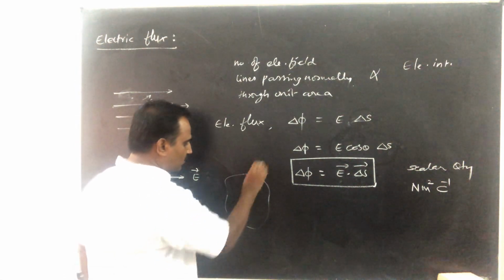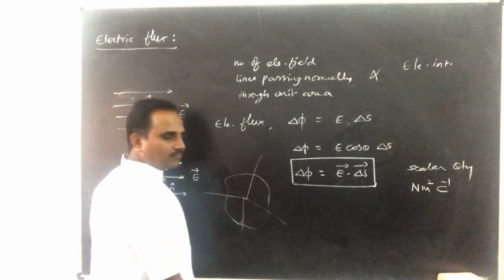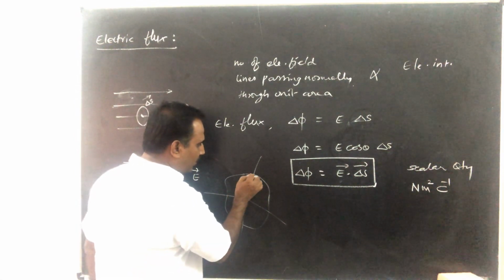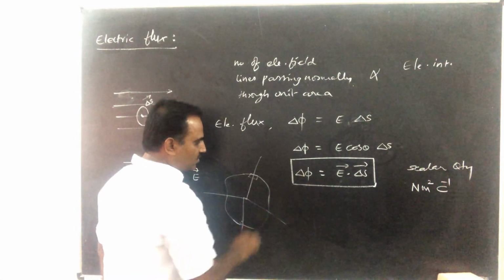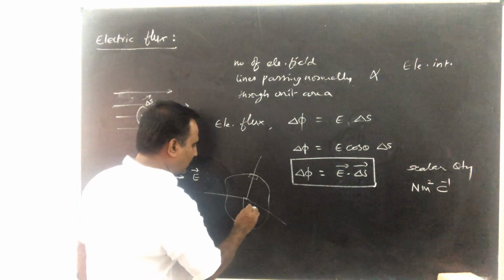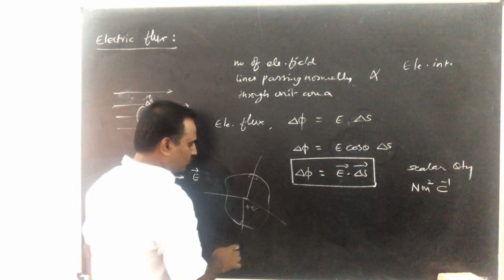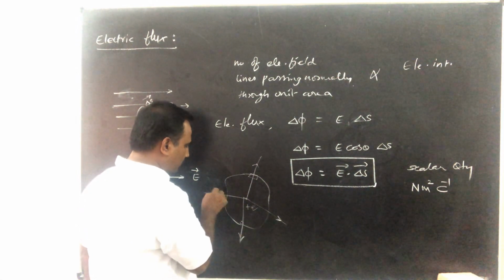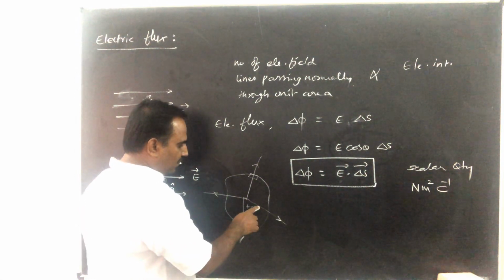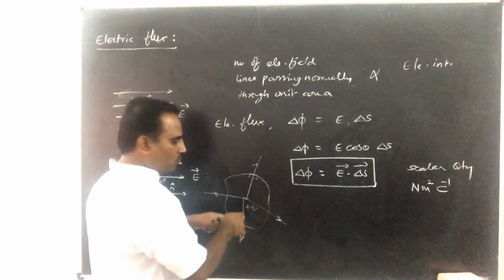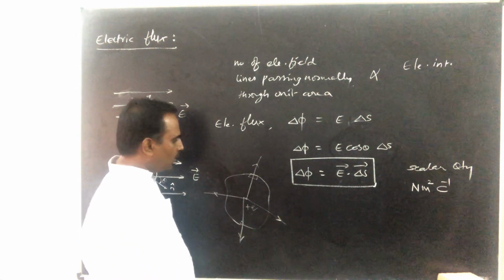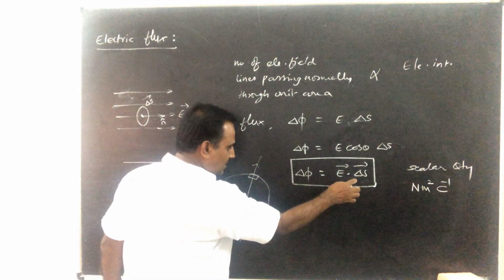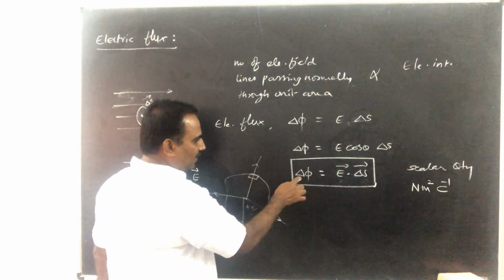So due to this charge, there is some electric field like this. If I consider a small element of area, through this area flux is this much. So there is a positive charge here, and due to this positive charge, electric field lines are like this. These electric field lines are passing through this closed surface. So through a small element of the area delta S, the electric flux is this much.